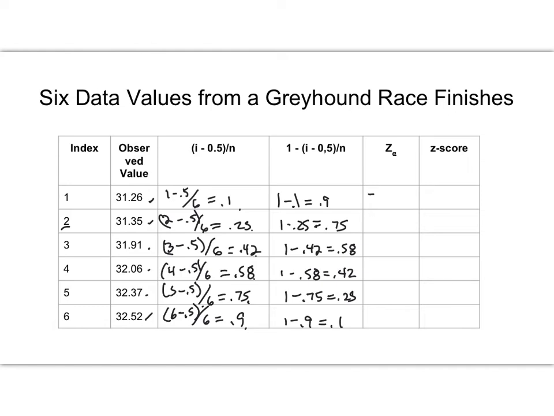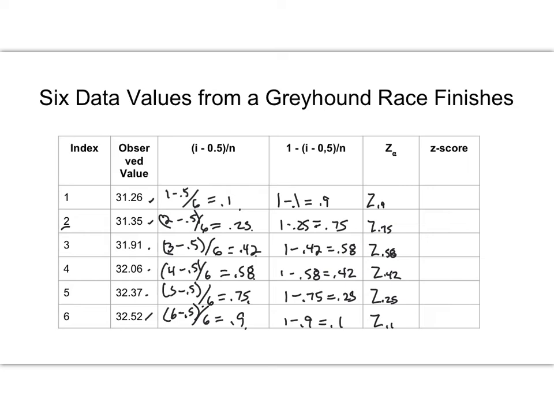So I'm looking for z of 0.9, which is the top 90th percentile, or another way to say that is the bottom 10th percentile. And then here I'm looking for z 0.75, z 0.58, z 0.42, z 0.25, and z 0.1.